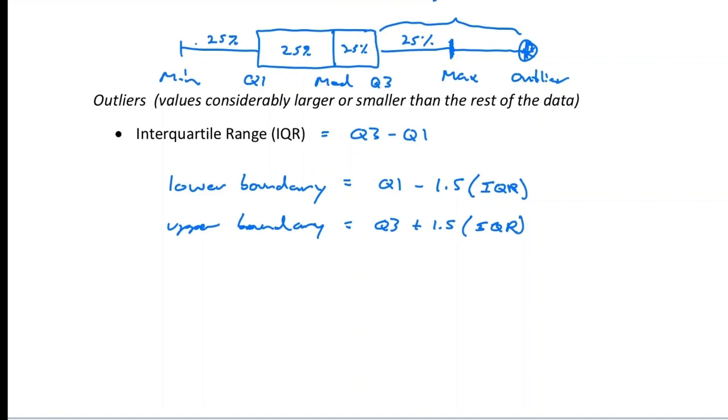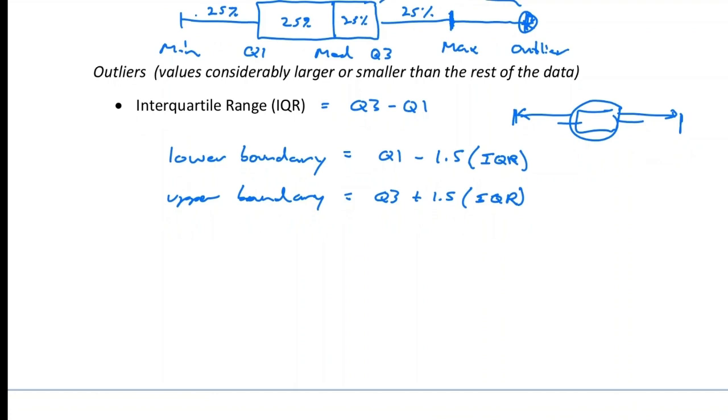What we're essentially doing is saying, take that box, blow it up 1.5 times, and basically attach it to the end. So we're saying that we're in this box, we're allowing this size plus another 50% of itself to go this far and this far. Anything outside of that, we're going to call an outlier. Okay, so it's just setting up boundaries for that.